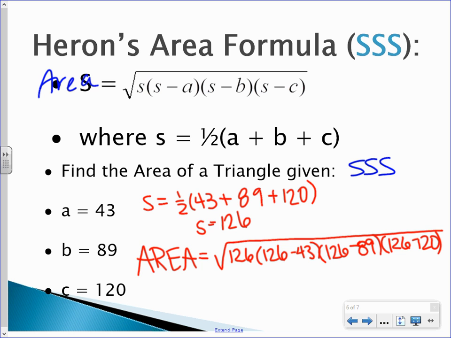If I were you, I would type it verbatim what you see right here. Open that radical, use 126 parentheses, 126 minus 43 parentheses. Just type it in exactly like that. It'll save you time and potentially making an error with your subtraction. These sides are fairly large, so we're going to have a pretty big area.